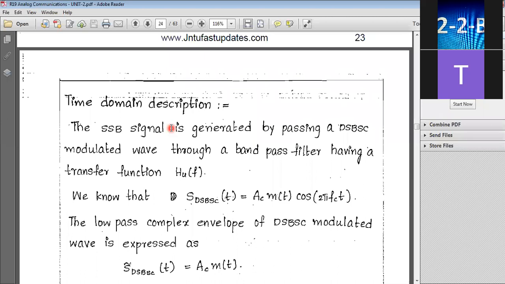If we take the Fourier transform of the impulse response, we can represent the transfer function with HU of f. What is HU of f? The transfer function of the band pass filter.